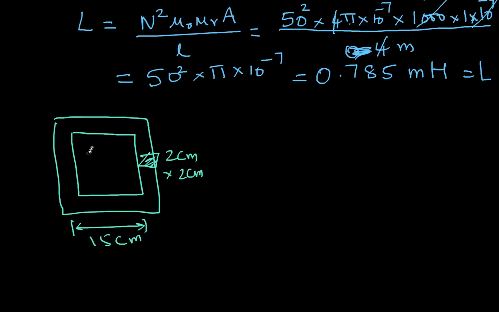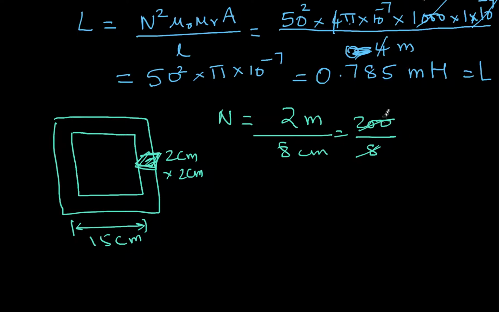The rest of the things are the same. First of all I have to find the number of turns. The total length is 2 meters divided by the circumference of the cross section, that will be 2 centimeters into 4, which is 8 centimeters. So 200 divided by 8 is 25. So I have 25 turns.